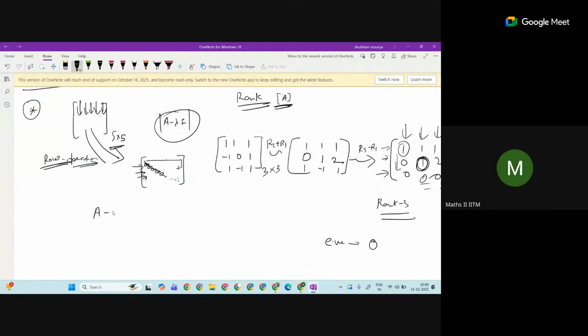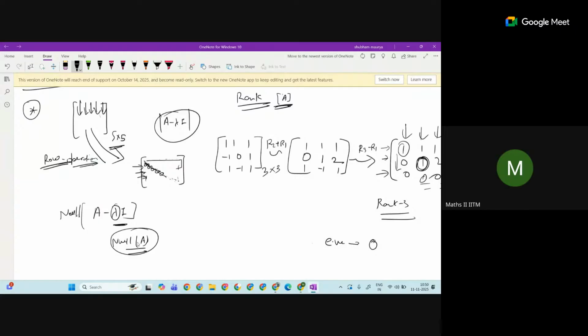As we take A minus lambda I with lambda 0, we get A minus 0 I, and we are finding the null space of this matrix. The null space of this matrix is nothing but the null space of just A, because this part becomes 0. Now what is the geometric multiplicity?